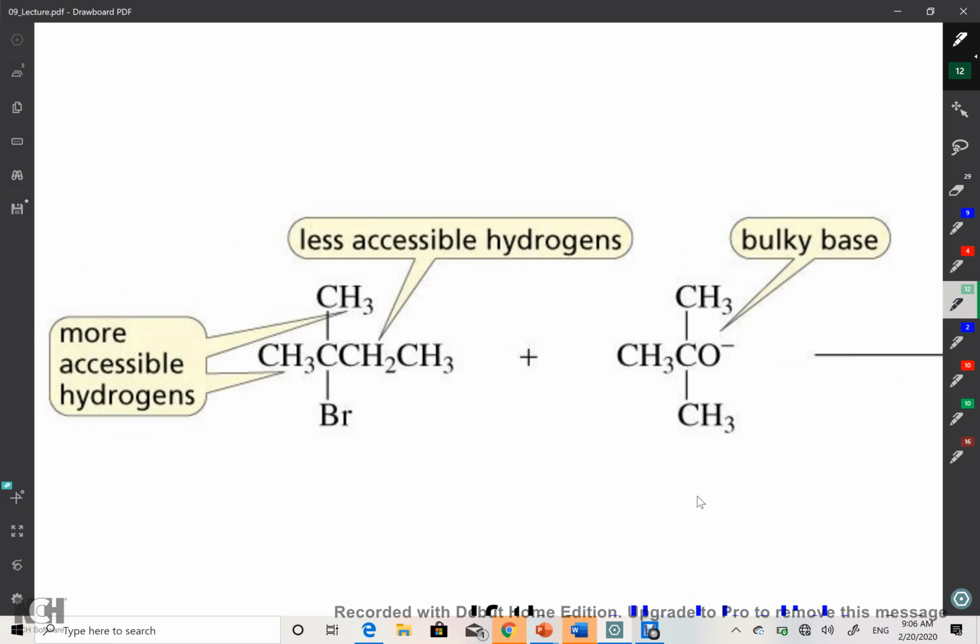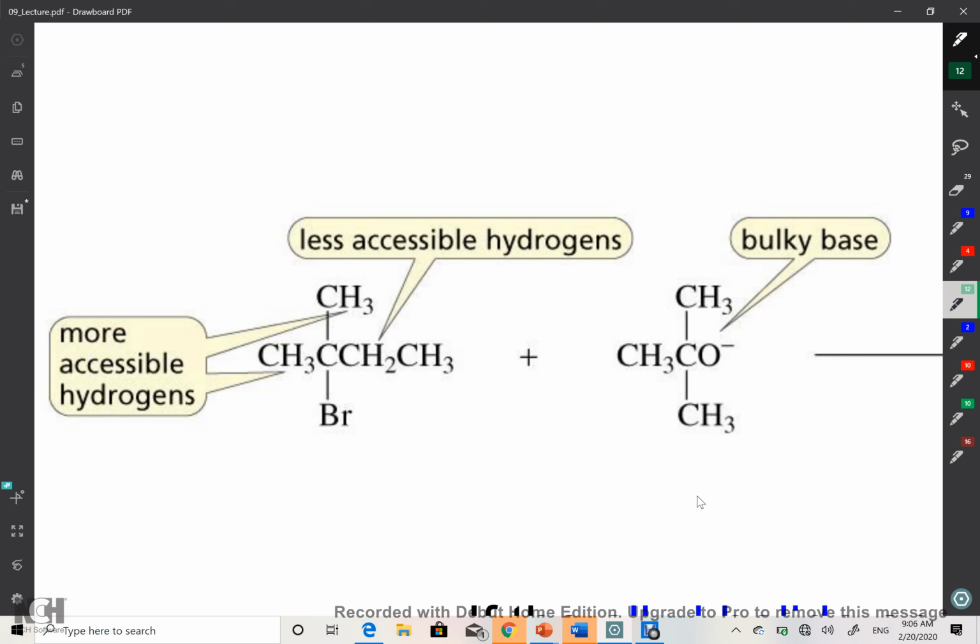This is a beta carbon, and this is another beta carbon. Those are the two beta carbons. And so one of those hydrogens needs to leave. We need to remove one of those hydrogens, either this one or that one. But if you have a bulky base, like this one, it will be hard for that bulky base to access this hydrogen here.